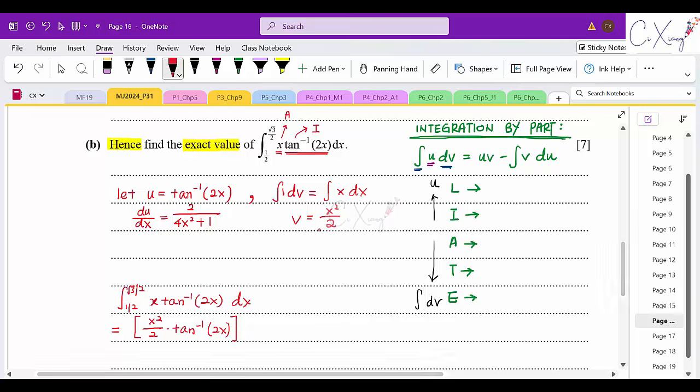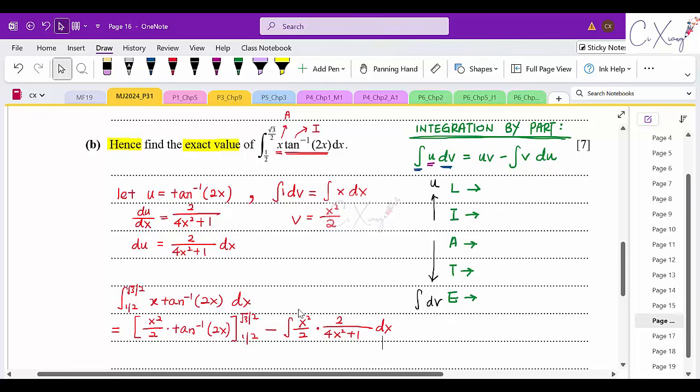Then you can directly substitute the limit for the next step. Minus, then put the integration sign. Your v is x squared over 2, so you put in x squared over 2 du. So what's your du here? du is equal to 2 over 4x squared plus 1 dx. So you multiply it with 2 over 4x squared plus 1 dx.